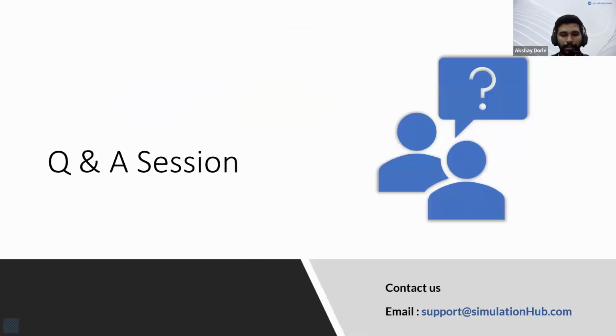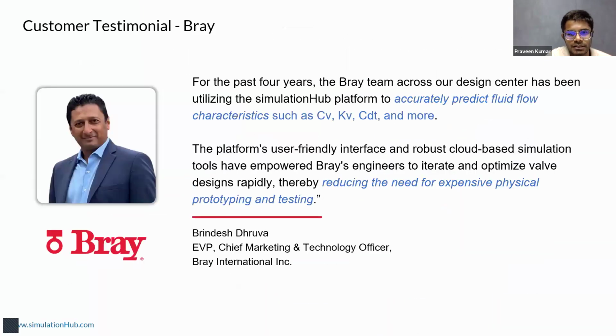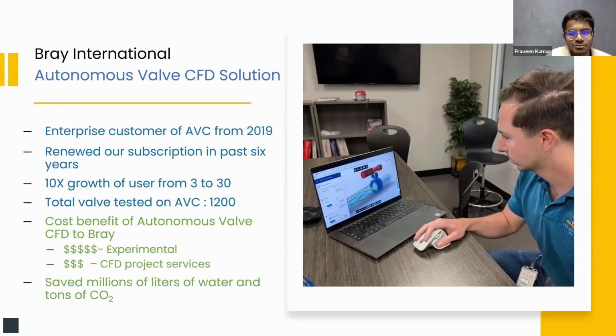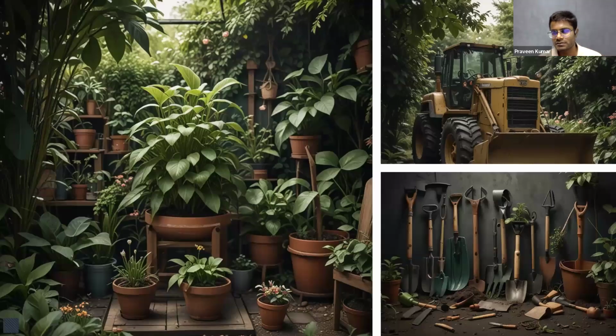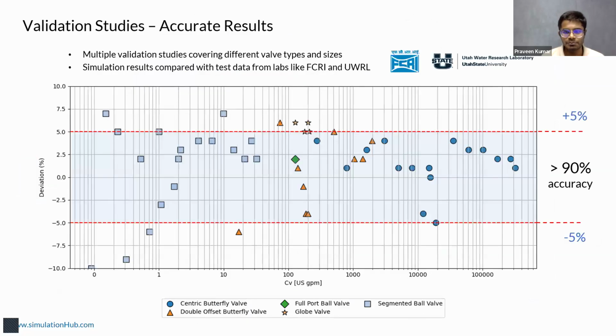Yes, thank you, Praveen. One question from Arjun. How close are the CV values to the real life flow tests? Yeah, so that's what we showed in this validation study, where these results are compared with multiple lab tested data, and we observed around 90% accuracy.